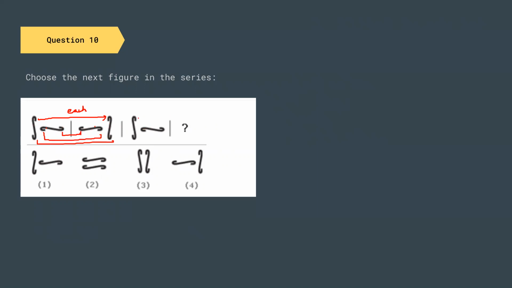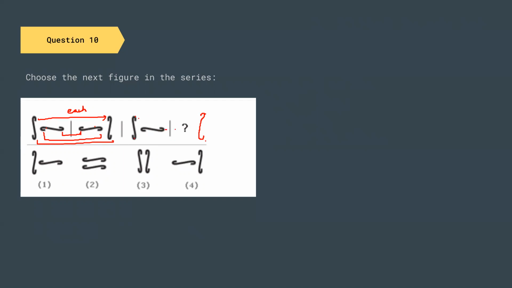So now we can guess that whatever will come here will face towards this one and this one. So they will face each other, they will face away from each other.